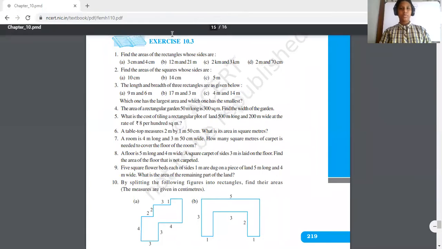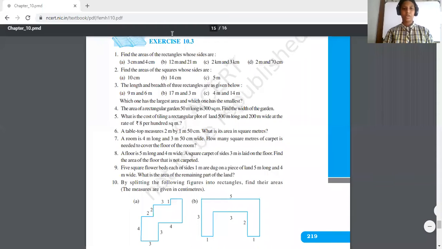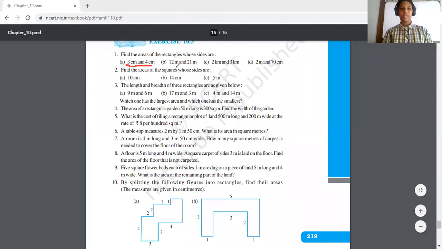In that, the first question says find the areas whose sides are given as 3 centimeter, 4 centimeter, 12 meters, 21 meters, 2 kilometers, 3 kilometers, 2 meters, 70 centimeter.